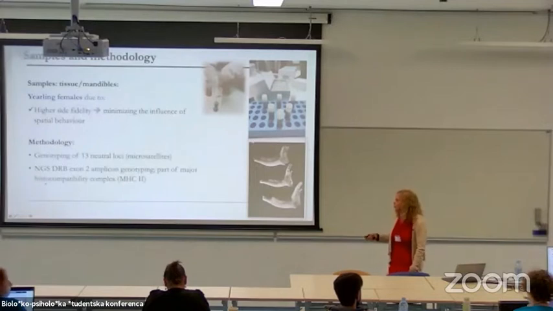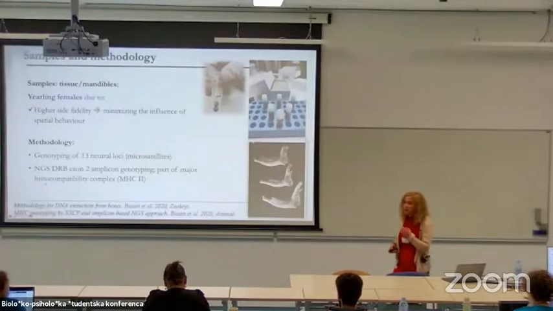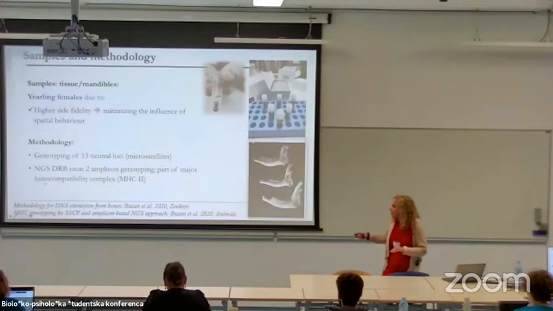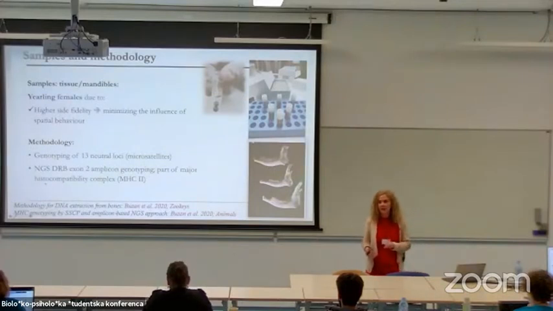Then we used different methodologies to get insight into the genetic structure of the roe deer. Because we're working with practitioners, it's important that the genetic costs are really low, so we developed a really fast DNA extraction for mandibles.